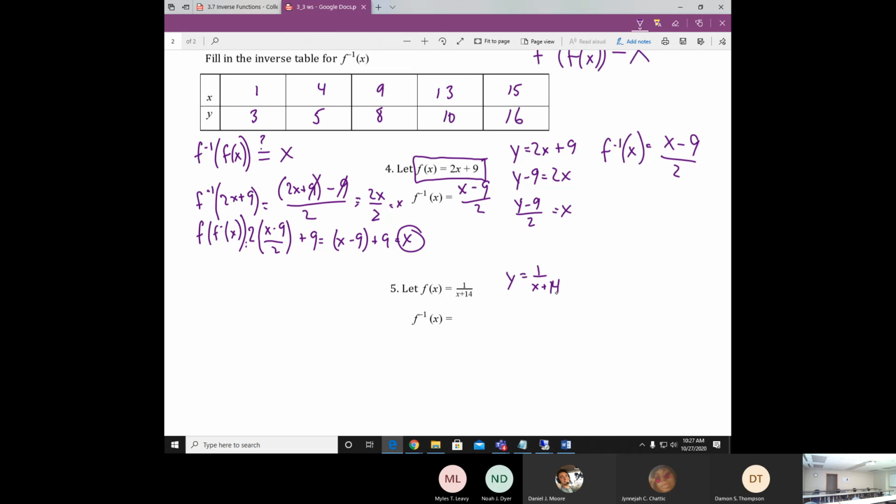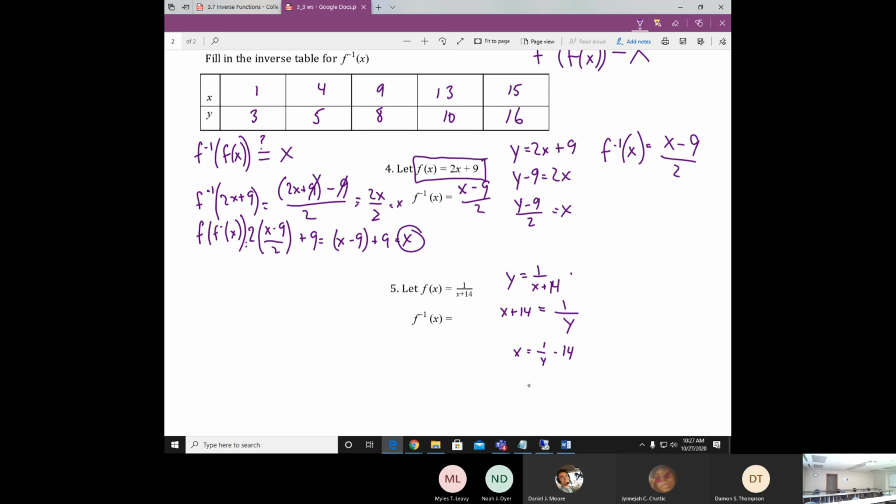Remember, I can multiply by x plus 14, divide by y, and I get x plus 14 equals 1 over y. Now I subtract 14, x equals 1 over y minus 14.